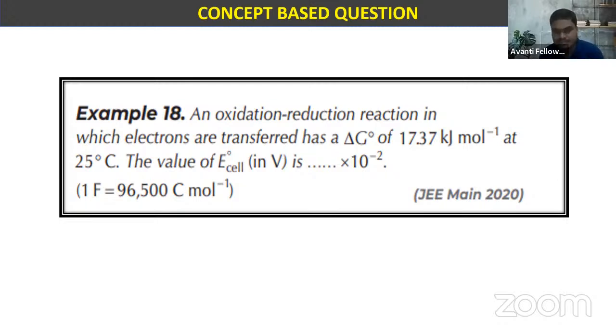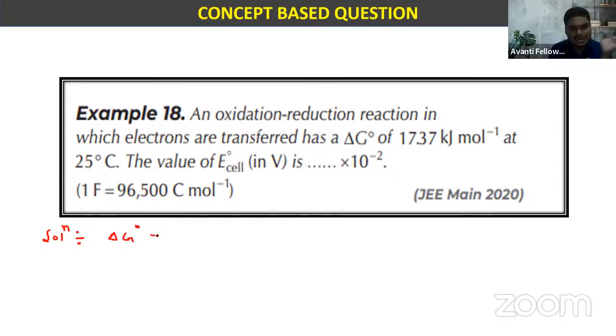Can anyone calculate? This is very much similar to the previous question. Same formulas we are going to use. That is delta G naught. I'll give you 30 seconds for this question. I'm waiting for your responses, right? The formula is very much similar.